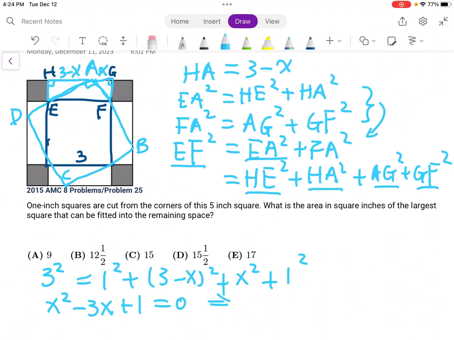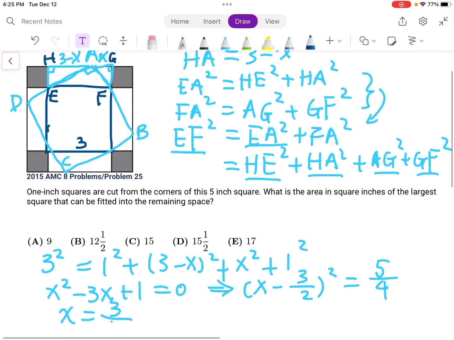We can further simplify this: (x subtract 3/2) squared equals 5/4. That means x equals 3/2 plus or minus square root of 5 over 2.